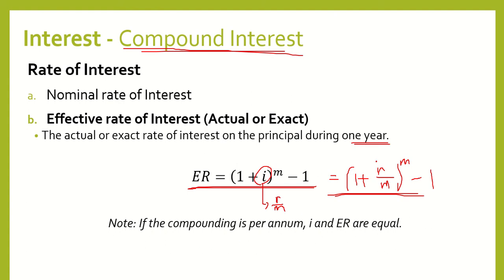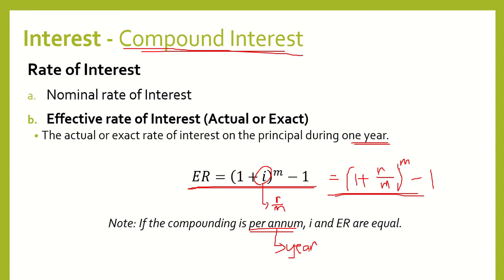If compounding is per annum, and annum is equivalent to year, they're both the same, which means your M is equal to 1.